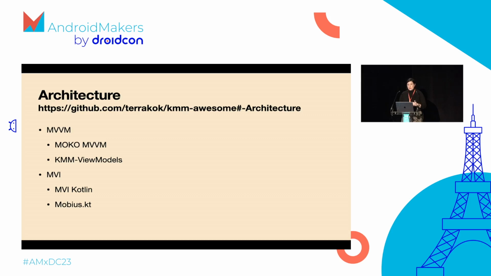If you also want to use MVI, there's also MVIKotlin and Mobius.kt. Now, I would recommend that you go the MVVM route if you go greenfield, because of Jetpack Compose and SwiftUI being a little bit easier to use with MVVM.